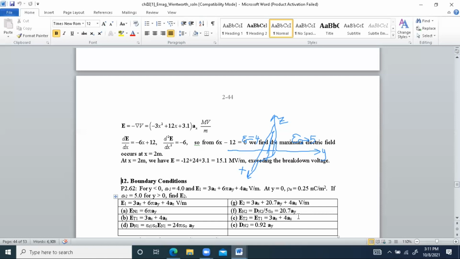So then go to D. We have E normal 1, so we can find D normal 1. And then from that we'll find D normal 2. D normal 2 is equal to D normal 1, sir?